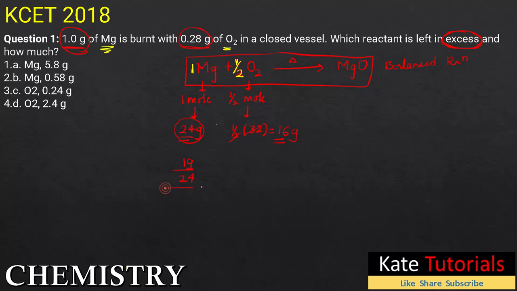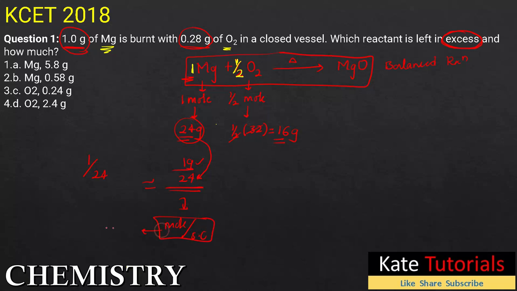Then moles divided by stoichiometry, which here is 1, gives the value that tells whether it is in excess or less. So it is 1 divided by 24 mole per stoichiometry, and for magnesium the stoichiometry is 1.